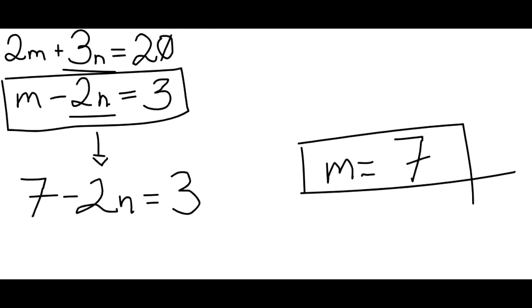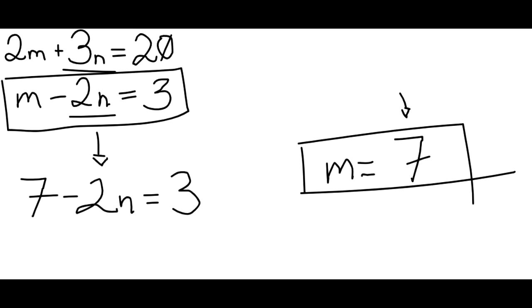Now, to get the n, it's really simple. We use the second equation. I will say like the last equation, but you can call it whatever you want. So we pass it like this. What changed? Well, the value of m. Why? Because now that we have it, it converts to a constant.